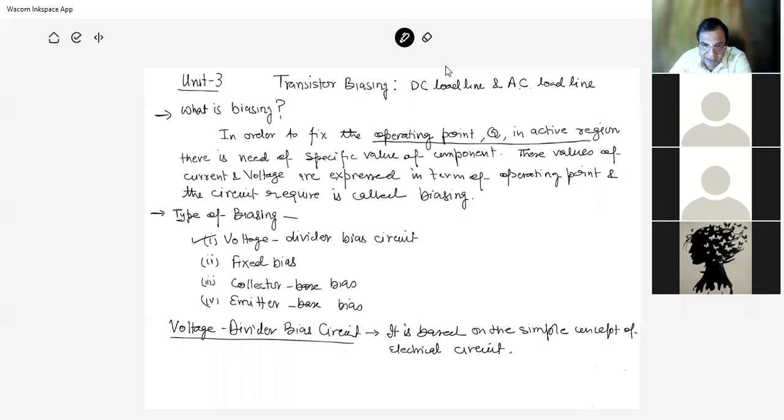सिंपल कॉन्सेप्ट ऑफ इलेक्ट्रिकल सर्किट, जैसे मान लीजिए एक ये रेजिस्टेंस है और ये दूसरा रेजिस्टेंस है और ये तीसरा रेजिस्टेंस है, तीन रेजिस्टेंस है, और ये तीन रेजिस्टेंस को एक ईएमएफ बैटरी से जोड़ दिया गया और यहां पर एक की हो गया.